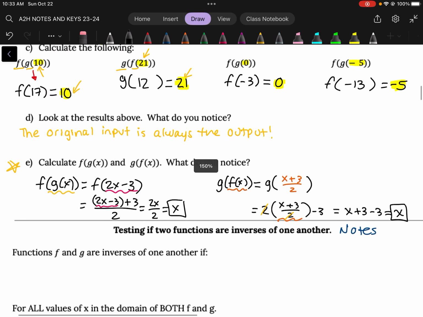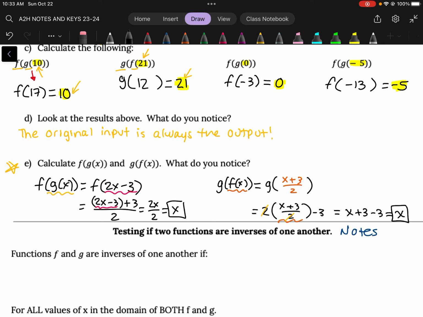Look what we got. In the same way that f of g of 10 gave us 10, and g of f of 21 gave us 21, we just have shown that f of g of x gives us x, and g of f of x gives us x as well. We have shown now, without any doubt, that these two are certainly inverses.